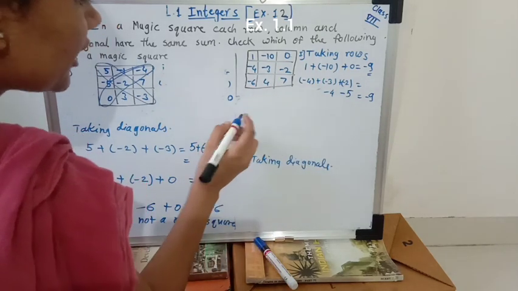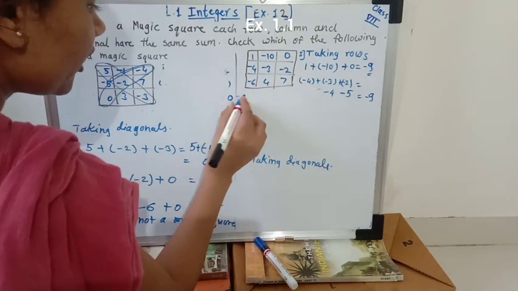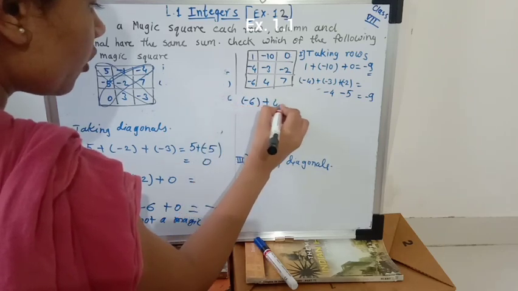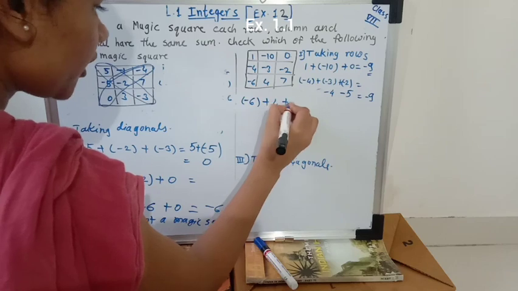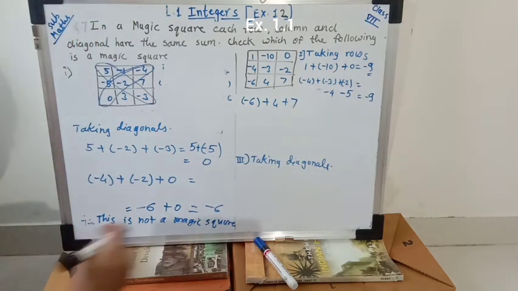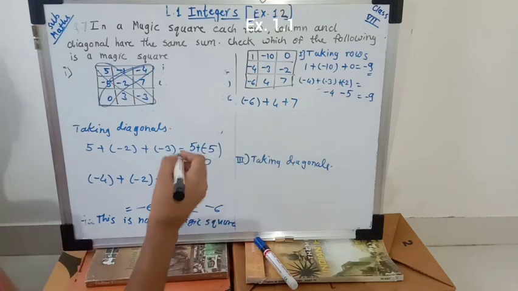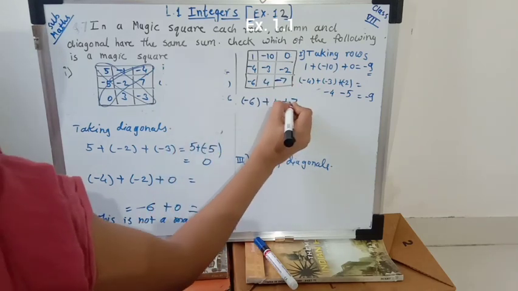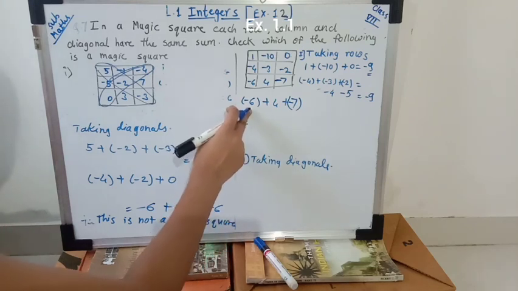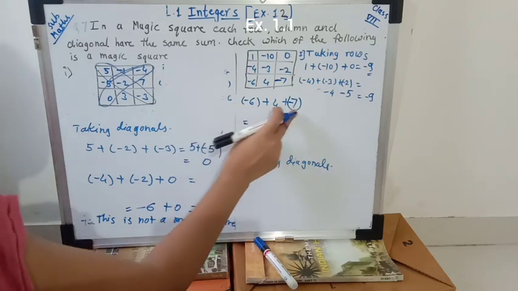Now let's do the addition of the third row. The third row is minus 6 plus 4 plus minus 7. Here we will do the addition of the first two negative numbers.